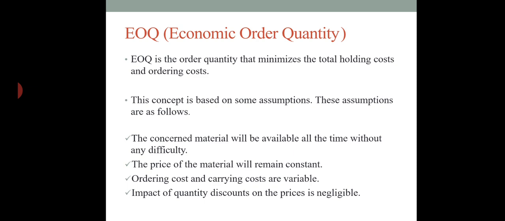And the next one is EOQ. EOQ is nothing but economic order quantity. This technique focuses on taking decisions regarding how much quantity of inventory the company should order at any point of time, and when they should place the order. In this model, the store manager will reorder the inventory when it reaches the minimum level.